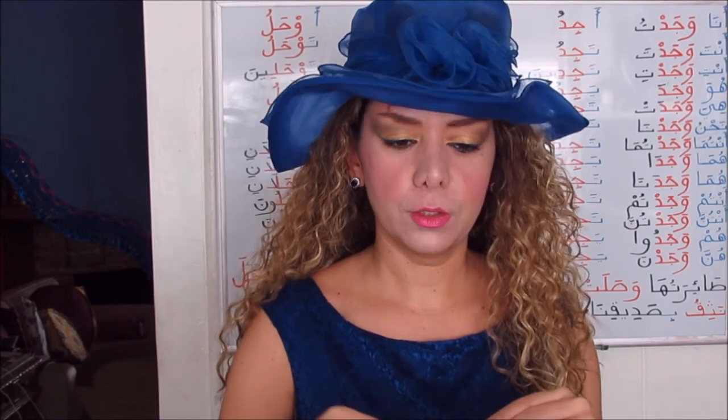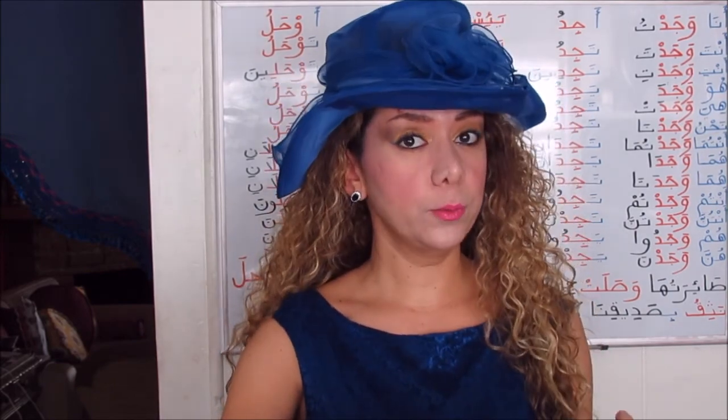An assimilated verb is a form of a verb with an initial waaw or ya, noted as weak letters because they metamorphose into another letter under certain conditions.